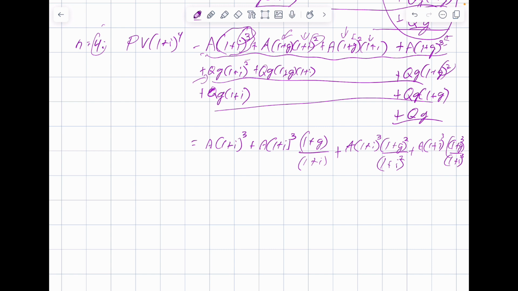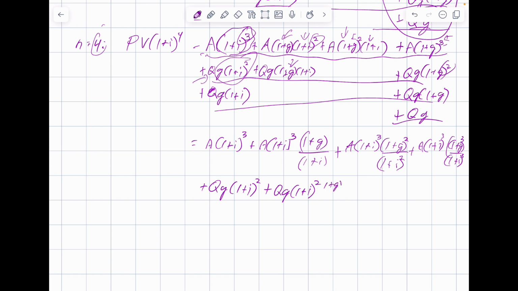Do the same thing with the QG terms. We'll take this 1 plus I squared out of each of the remaining terms. So that'll leave us with QG 1 plus I squared plus QG 1 plus I squared that we're taking out of this term.